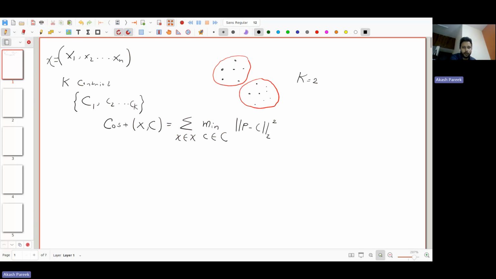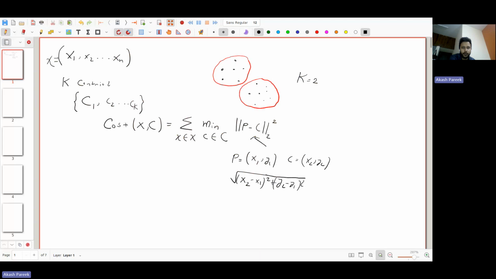What this term basically means is, suppose x is (x1, y1) and c is (x2, y2), then it means (x2 minus x1) squared plus (y2 minus y1) squared, under a square root.